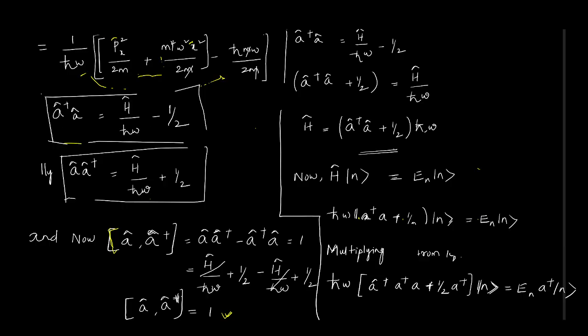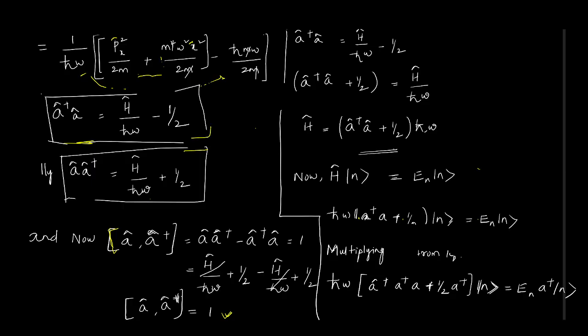So here a dagger into a can be written as h cap by h cross omega. Similarly, if you do the multiplication a into a dagger, then you will get h cap by h cross omega plus half. So a dagger into a is h cap by h cross omega minus half. For a a dagger, it will be plus half.